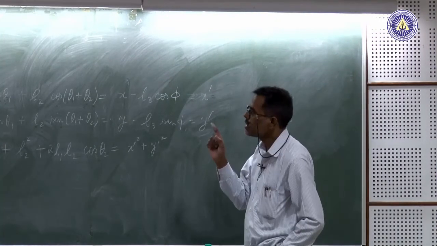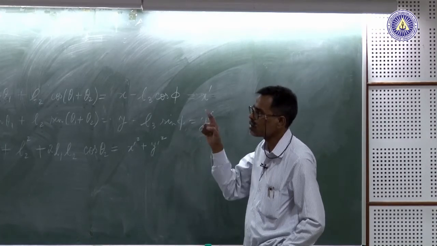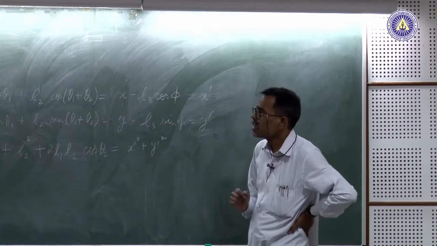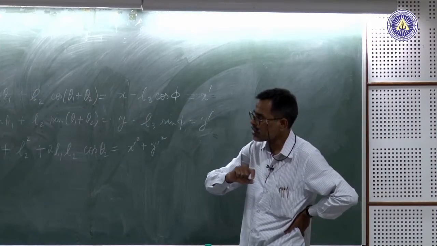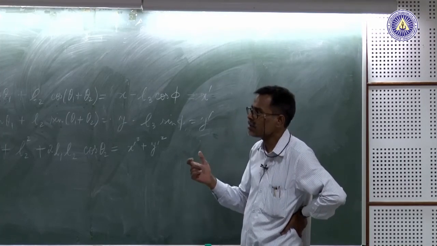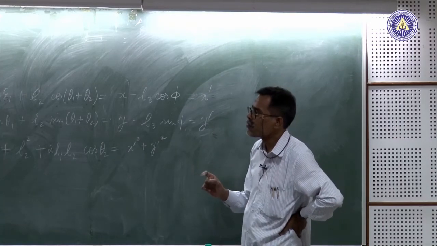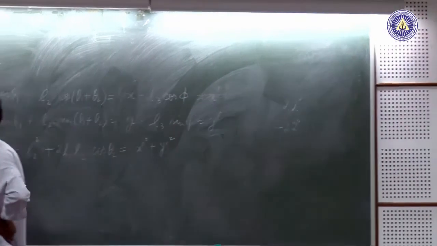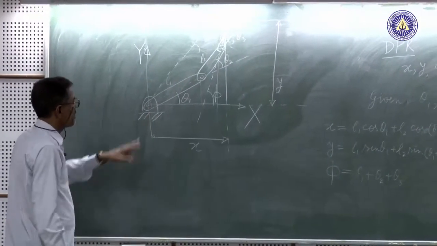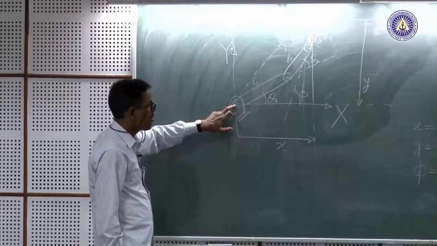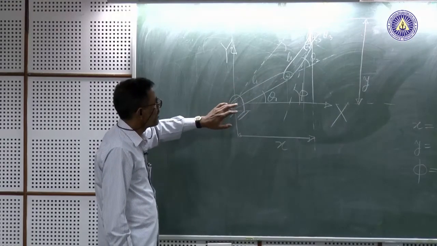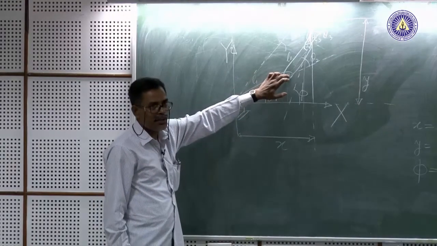Now, this is what we do for positions. When we need to work out the transformation of the velocities, then what do you do? You can do one very simple thing: if this link is turned with an angular velocity of omega 1, which is actually theta 1 dot, then accordingly this point will have a motion.